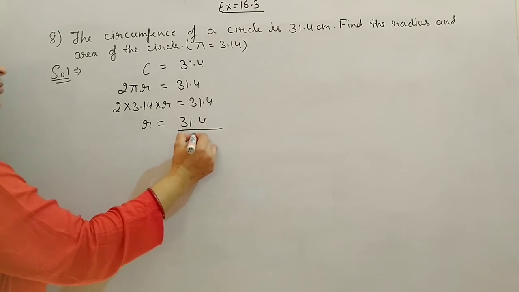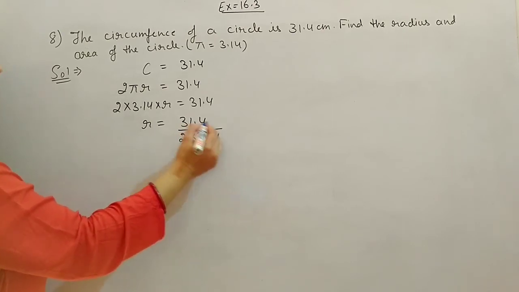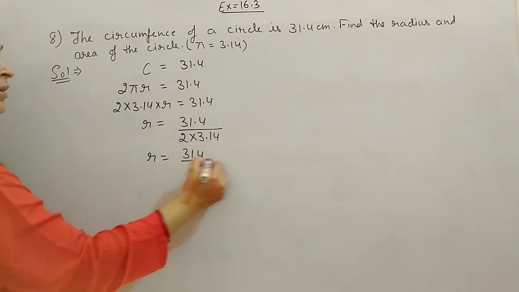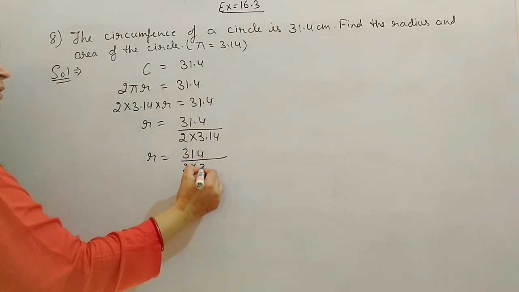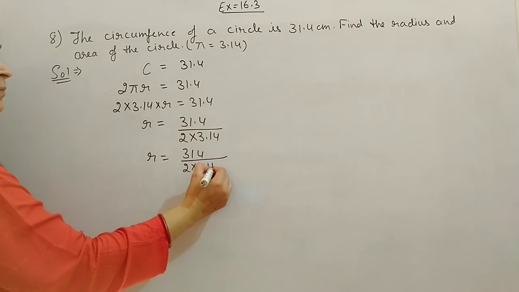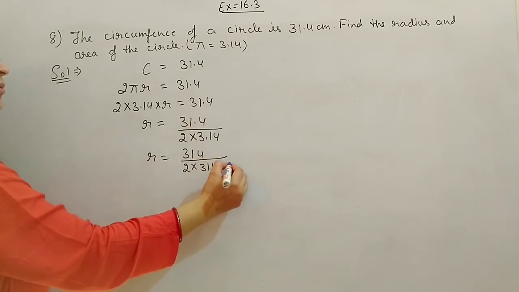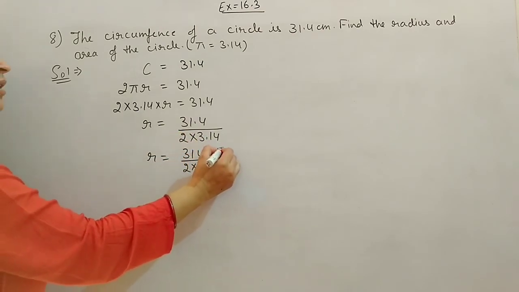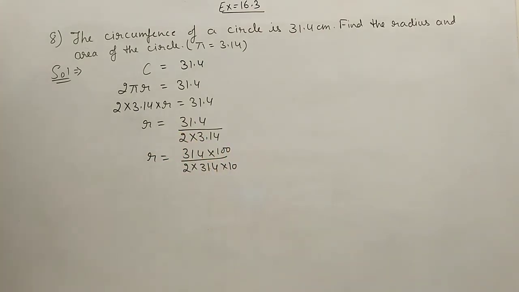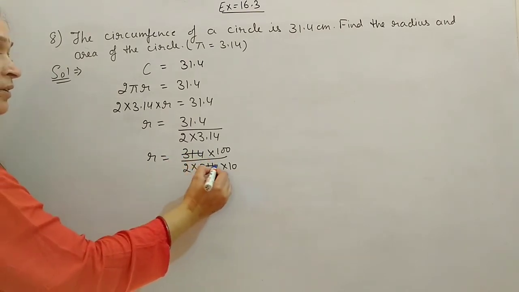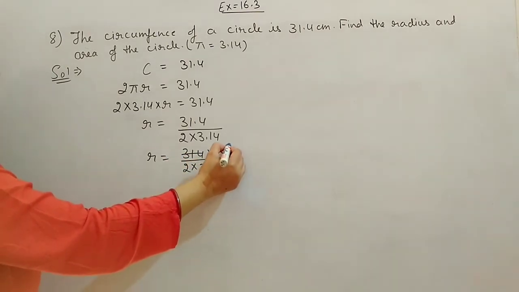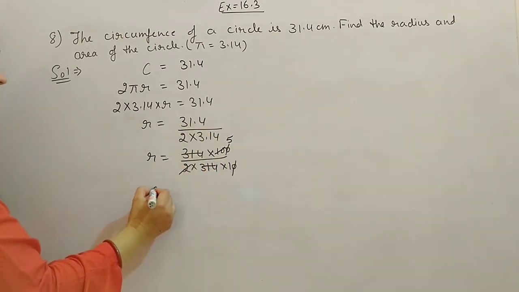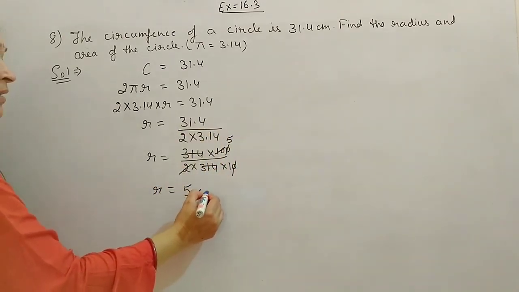These numbers will go for division. Now remove these decimals. You can write it as 314. Here one decimal we are removing, so include 10 here, and from the denominator 2 decimals we are removing, so include 100. Now 314 you can cancel, 10 also you can cancel, and 2 fives are 10. So the radius is 5 centimeter.